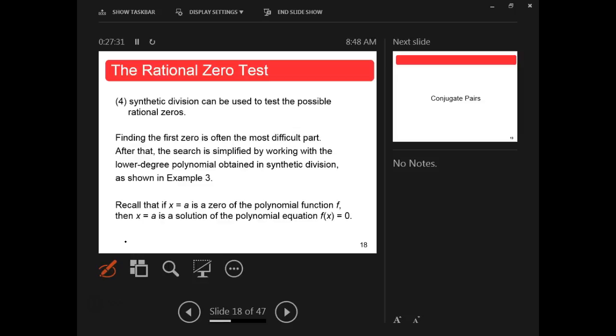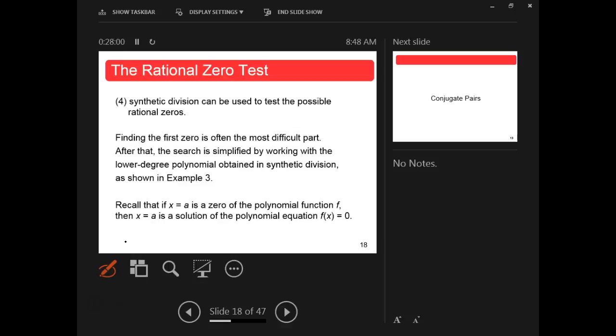Once you find the zero, recall that if x equal a is a 0, this is what we just did, then what's the factor? x minus a, exactly. Then x equal a is also a solution to the polynomial equation f of x equals 0, and x minus a is a factor, and a, 0 is an x-intercept.